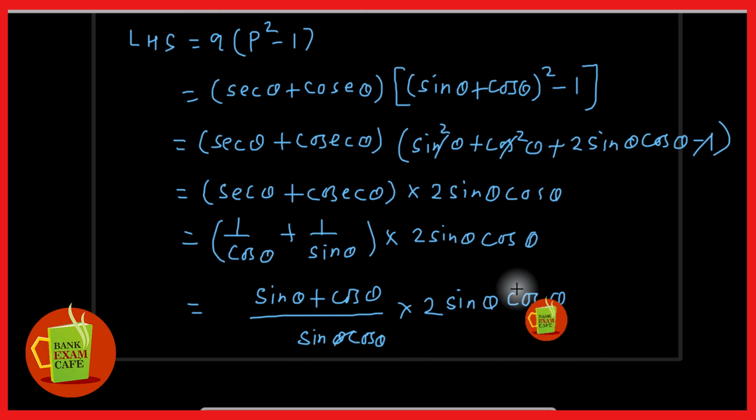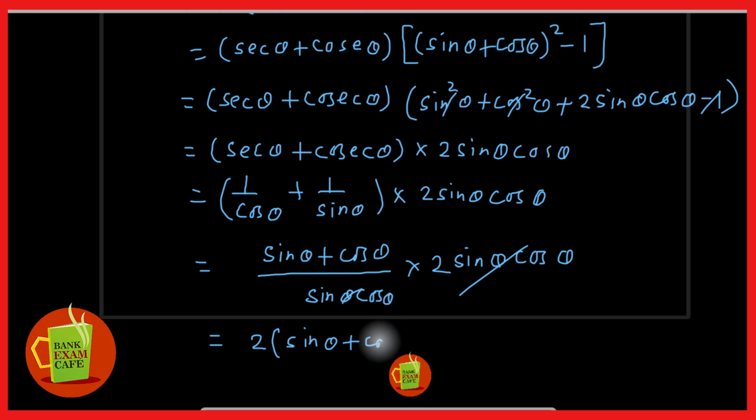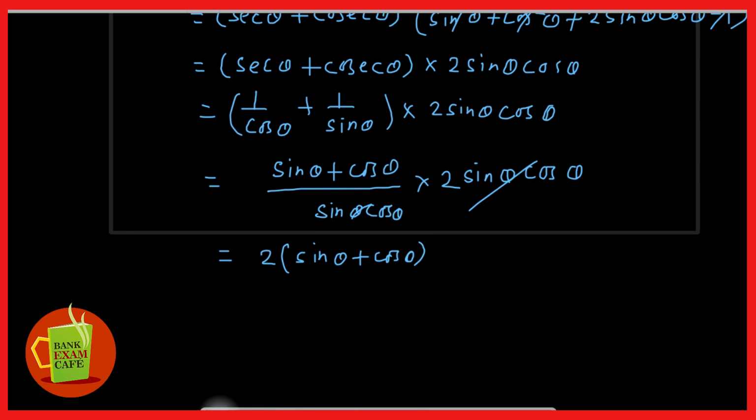So this sin theta cos theta and sin theta cos theta will get cancelled, and it will be equal to 2 into sin theta plus cos theta. But sin theta plus cos theta is what? It is P, and therefore it is equal to 2 into P, which is equal to right hand side. So here we have proved that LHS is equal to RHS.